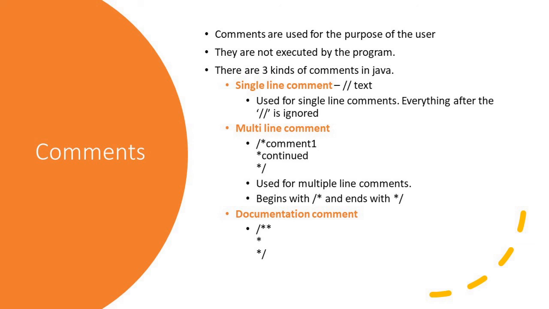Multi-line comments start with forward slash followed by an asterisk and end with an asterisk followed by a forward slash. In between, any number of lines can be inserted in any form. Documentation comments are generally used at the beginning of a program to give a description about the program.